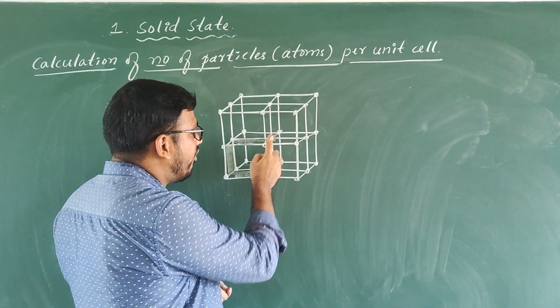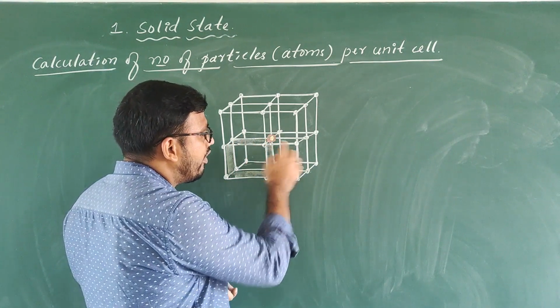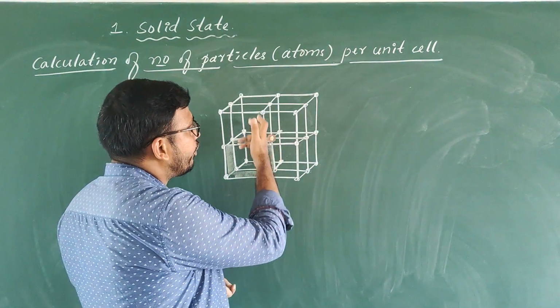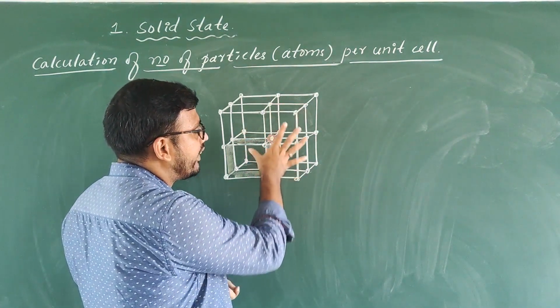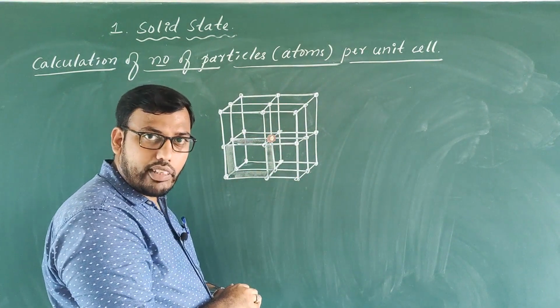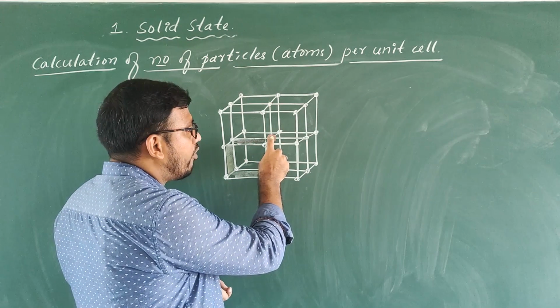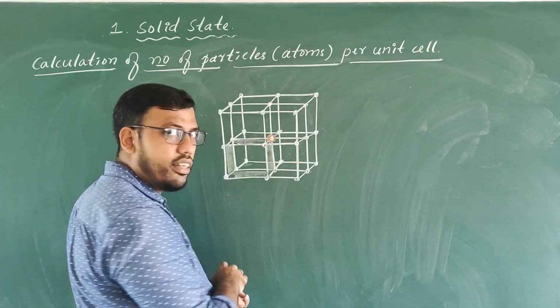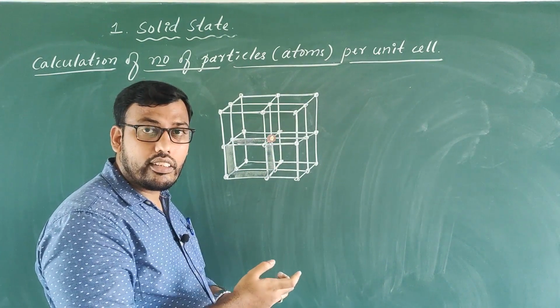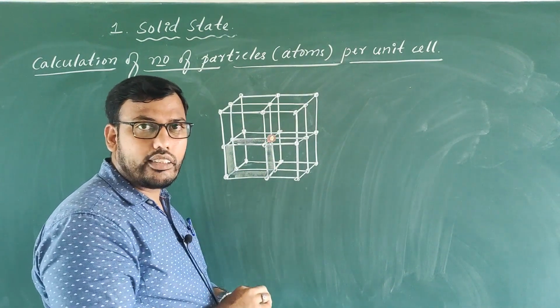It is a corner of 1, 2, 3, 4 unit cells which are present at the bottom, and another 4 unit cells present at the upper side of our crystal system. So what I mean to say is, a particle which is present at the corner shares how many unit cells? 8 unit cells.